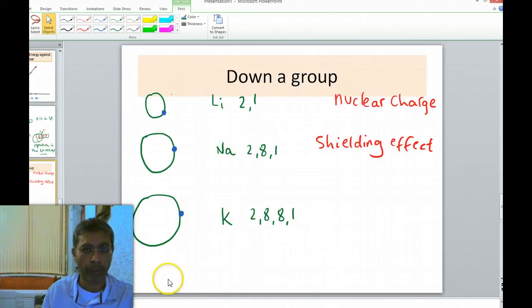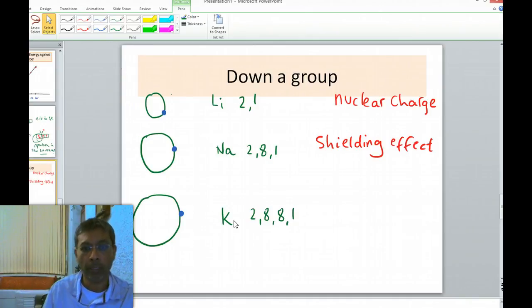As you go down the group, the atoms, you see I've drawn them as getting bigger. Now you might say, well, isn't the nuclear charge increasing? Yes, 3 protons for lithium, sodium has 11 protons, potassium's got 19 protons. So the nuclear charge is increasing. That should be pulling the electrons closer to the nucleus.